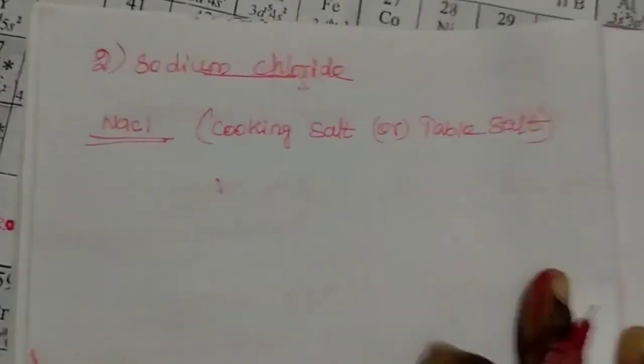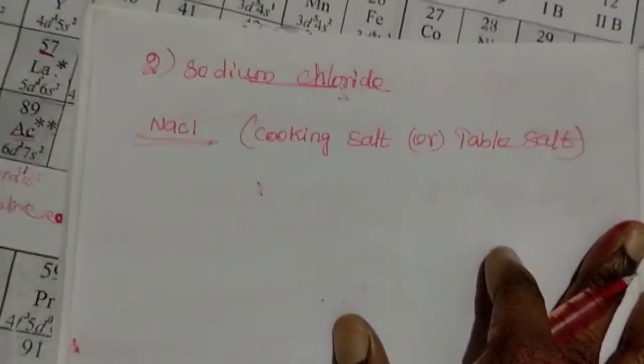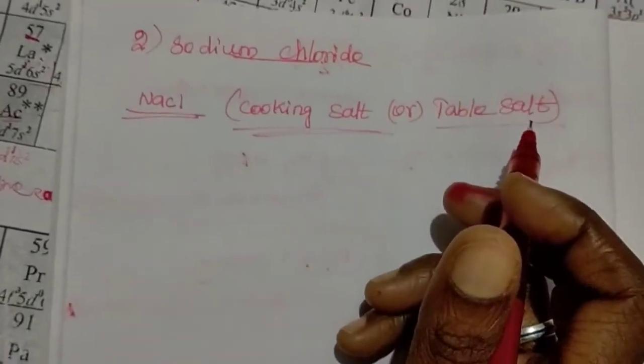So we use this sodium chloride salt for cooking. So another name is cooking or table salt.